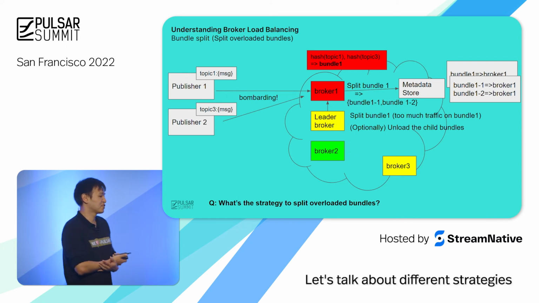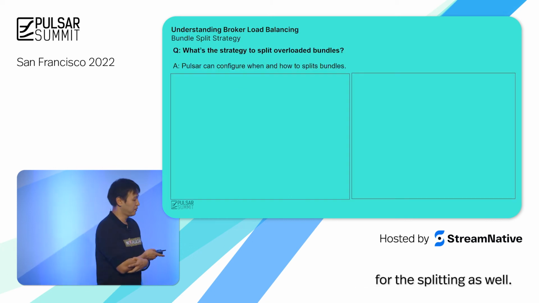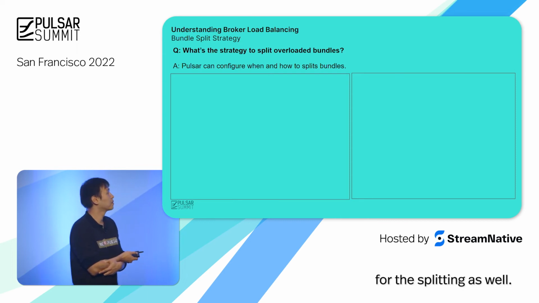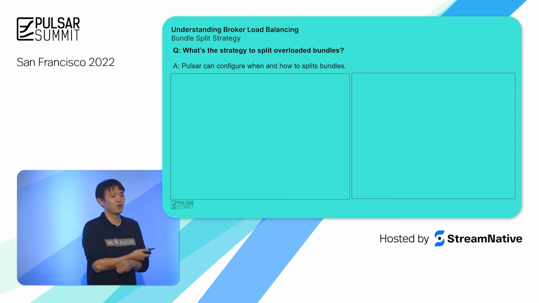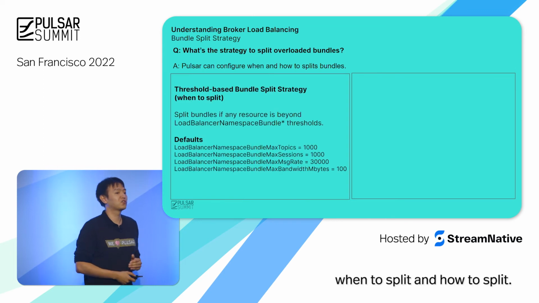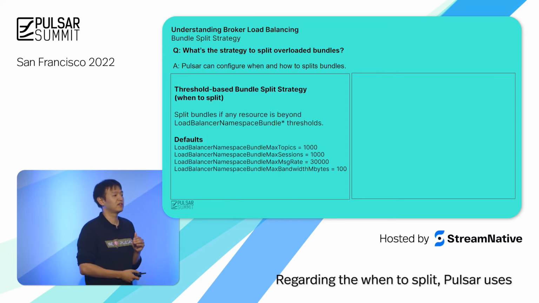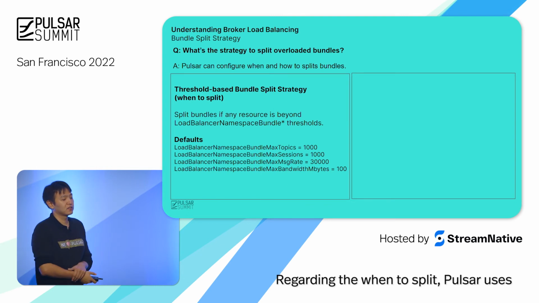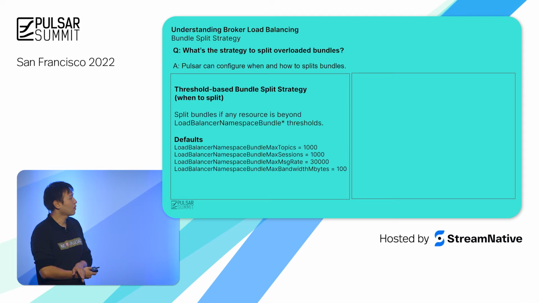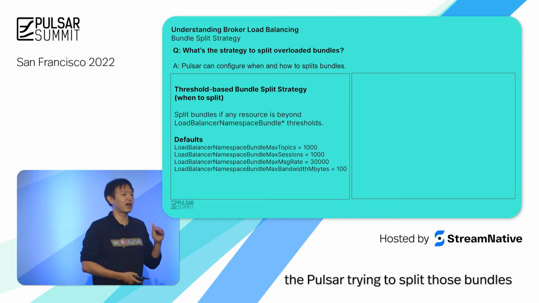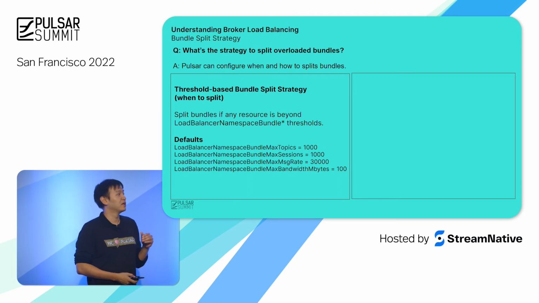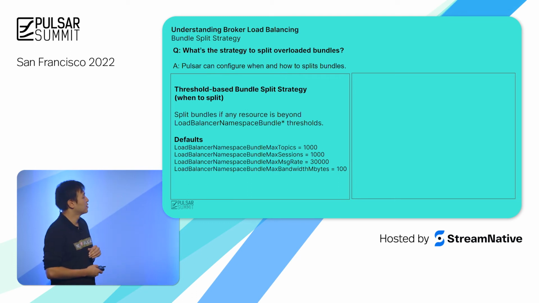Let's talk about different strategies for the splitting as well. There are 2 parts to cover for bundle split strategies: when to split and how to split. Regarding when to split, Pulsar uses threshold-based strategies. Whenever a bundle's metric is beyond the threshold, Pulsar tries to split that bundle.